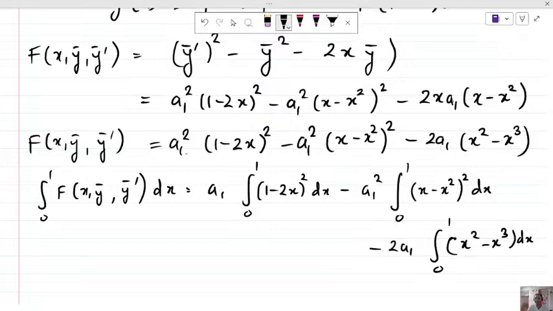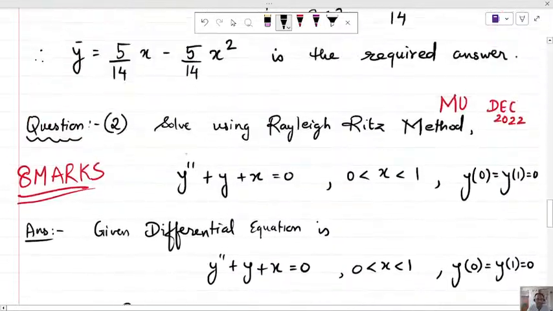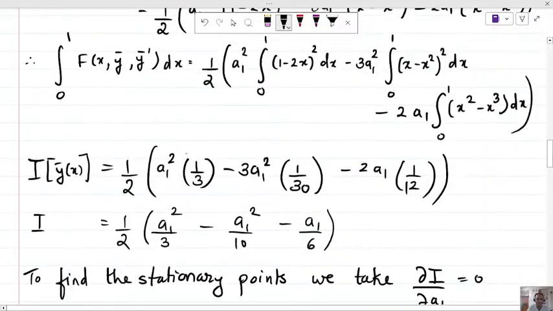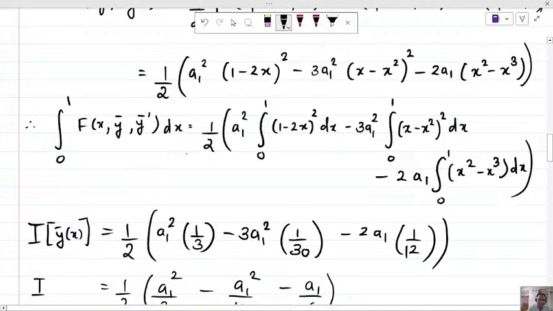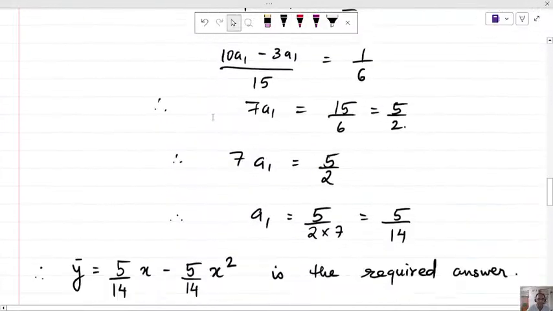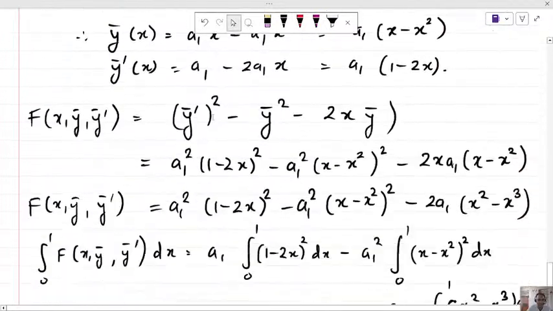Now, I believe the things are almost very much similar to the previous question that we just saw, right? Because there is not much of a difference in the answer and the solving part. So I think we will get the same answers here.